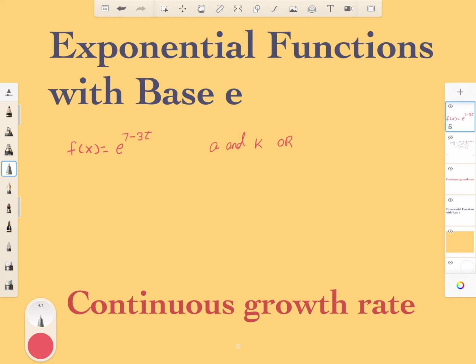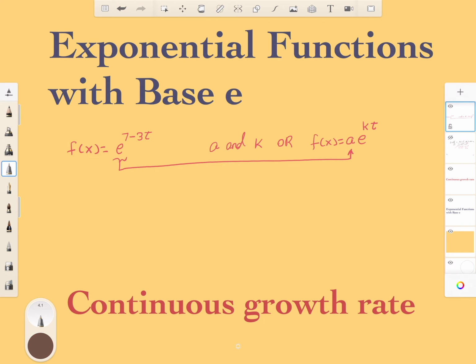Make this one into a continuous growth rate function, like f of x equal to a e to the k to the power of t. So we have to make it into this form.